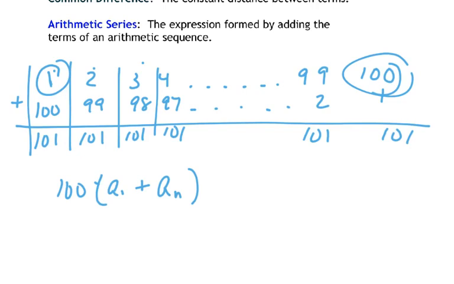The only problem with this is that we listed the numbers twice. We listed them once ascending, and once descending. So we have to divide this total by 2.